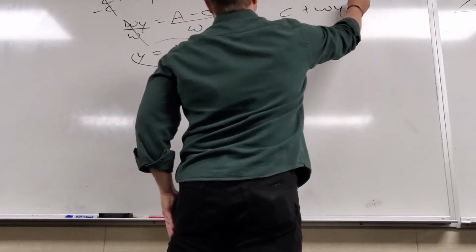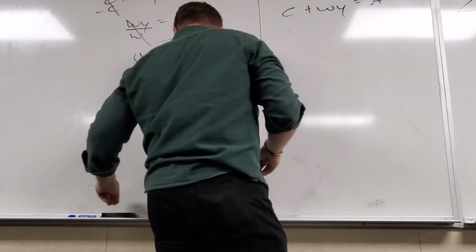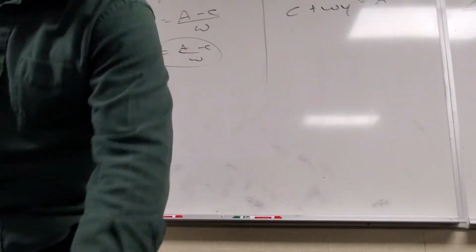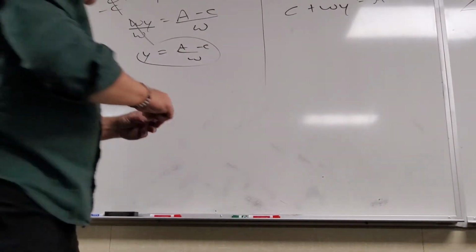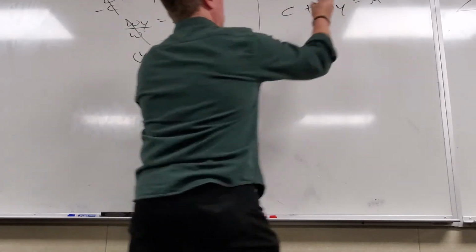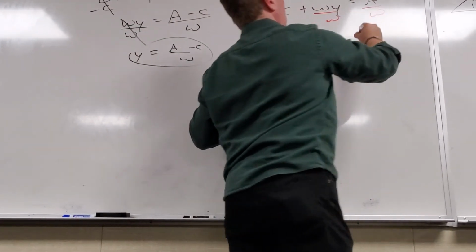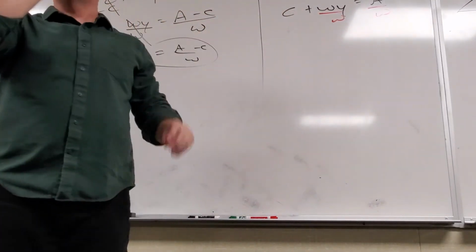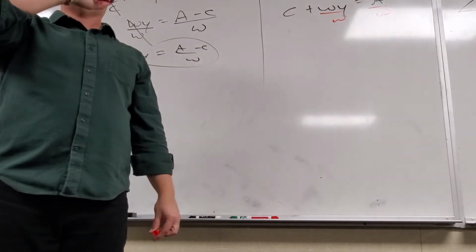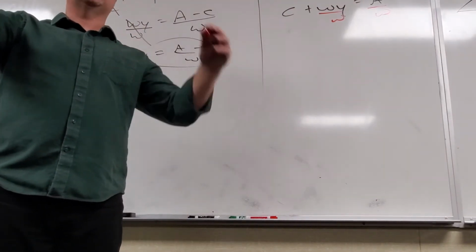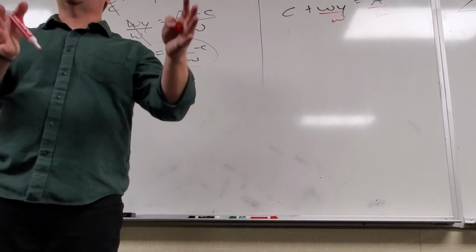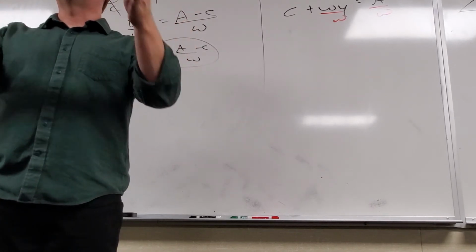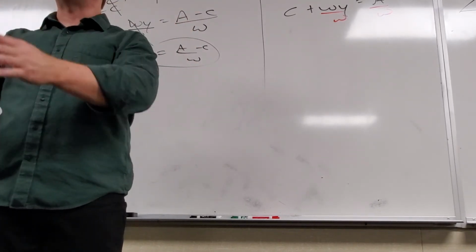I always get somebody doing this. All right, this person has made a mistake. Think about that. What's the phrase for equations? Whatever you do to one side, you must also do to the other side.